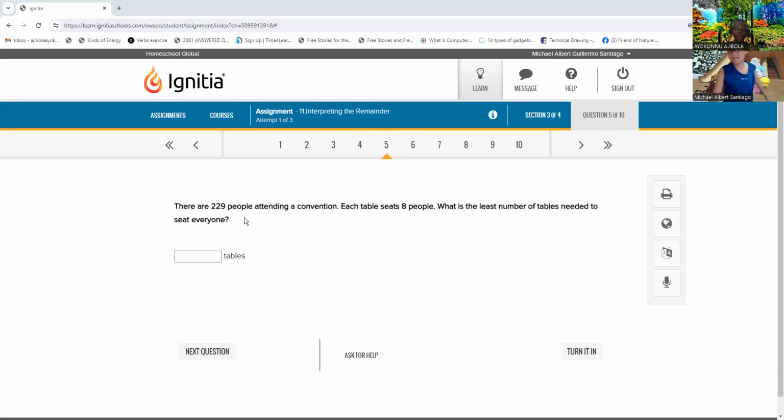So if we take it away from 229, we have 5 people left. That means we need 29 tables. Is that clear? The last table is going to be used for the remaining people.